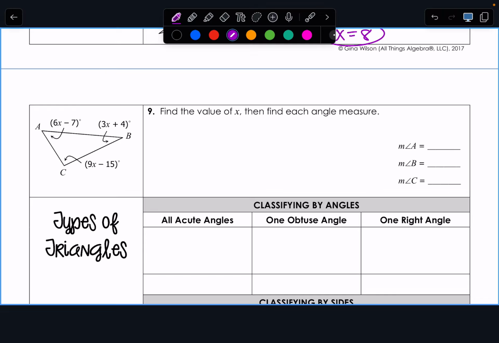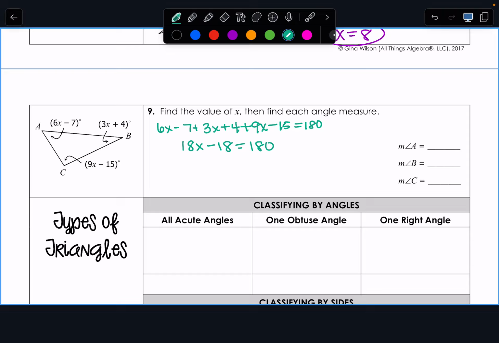I got 11. Ainsley, do you have 18x minus 18 equals 180? I do have that. Wait, I got 10. Oh, that's an 8.